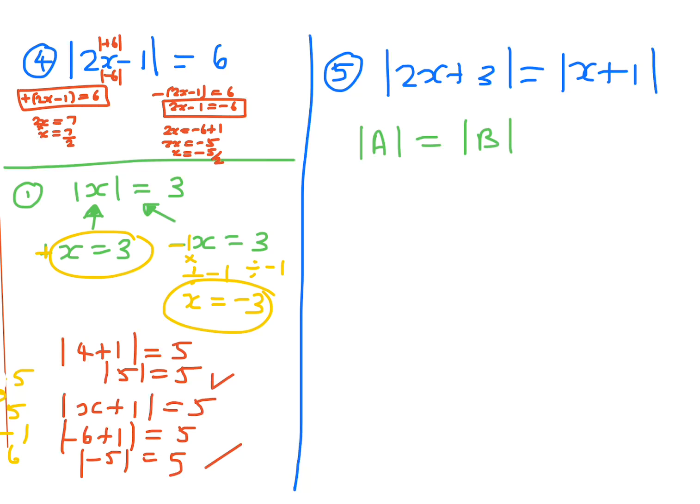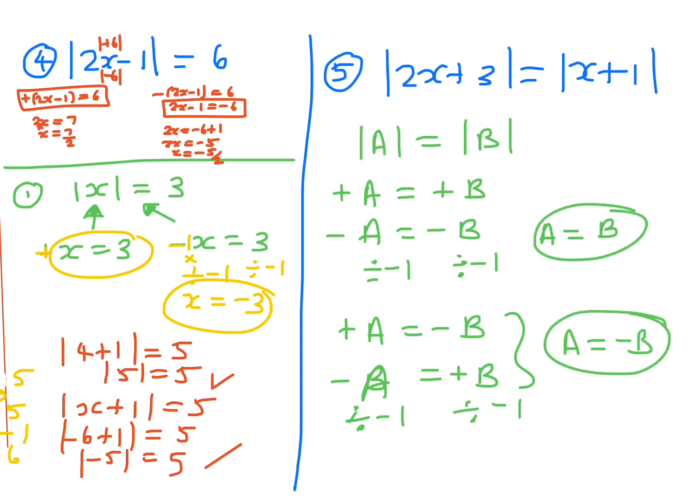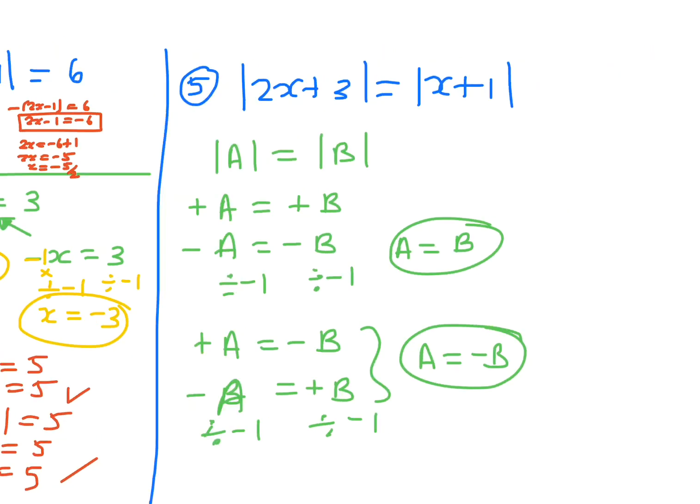It's the absolute value of A equals the absolute value of B. That means plus A equals plus B, minus A equals minus B. And if you divide both sides by minus 1, then A equals B. Plus A equals minus B, and minus A equals plus B. That gives you all the combinations. These two are both the same, because if you divide both sides by minus 1, you just get A equals minus B. So you get A equals B or A equals minus B.